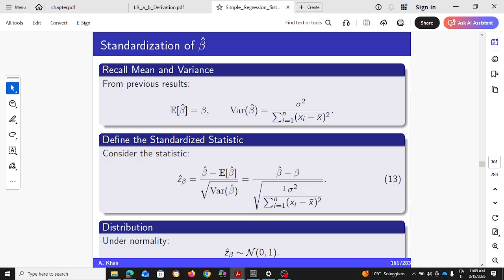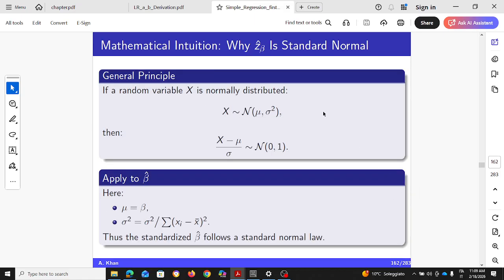And we derived this value before, so the variance is equal to this term. So this is the definition for the normal distribution: x minus mu, here x for us is beta hat, mu is beta, and sigma square we derived is this value. This way we standardize our distribution.